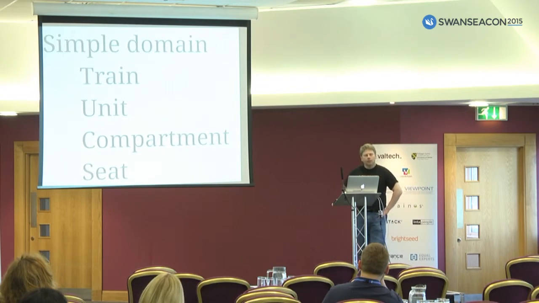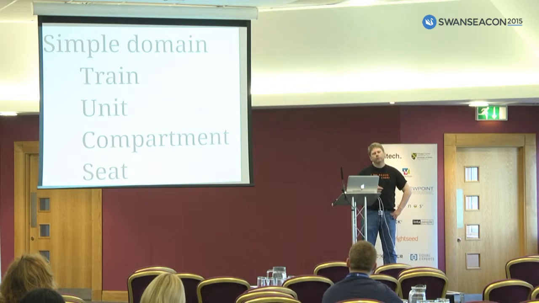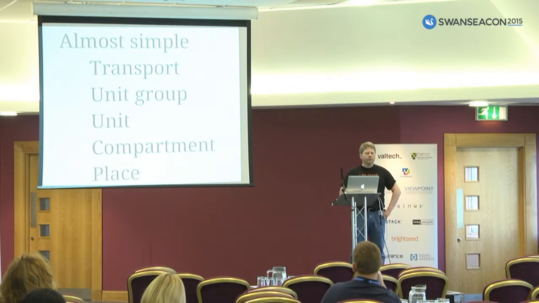Okay? Quite a simple domain, or at least one could think so. We didn't deal with trains, we dealt with transports. Units, carriages, well, I'm not really sure about the English word here, which can also be connected to unit groups.